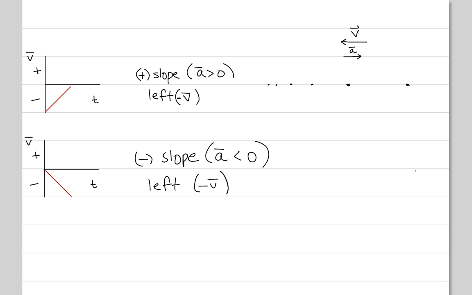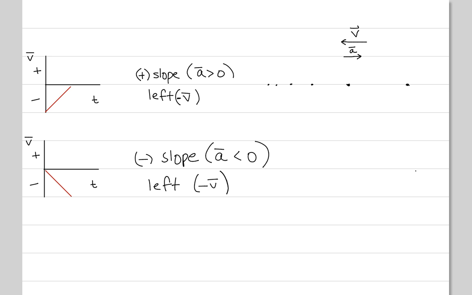So I'll stand up again and I'll show you. On this graph, the values are below the x-axis, so we're traveling left. The slope is down to the right, so the slope is negative, and the slope of a VT graph is acceleration, so acceleration is negative.